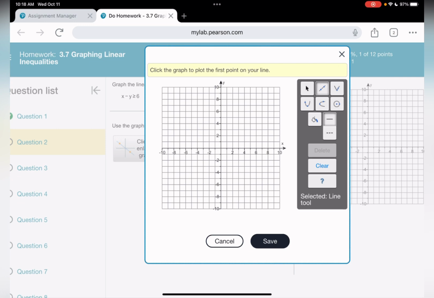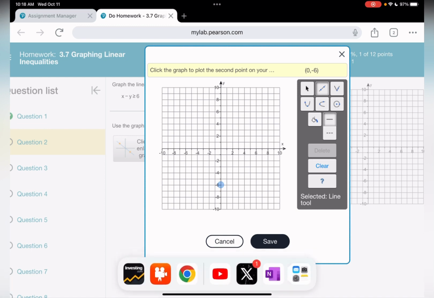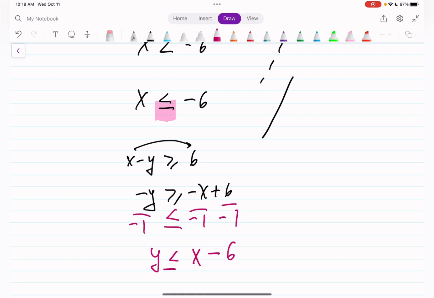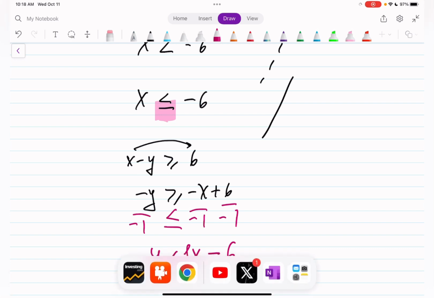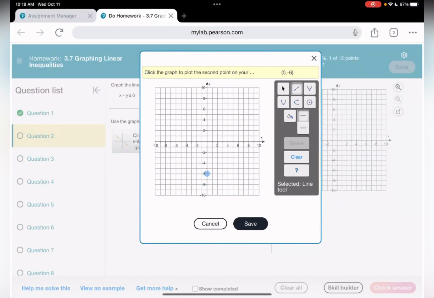Taking a solid line, it's going to be -6. And x minus 6, meaning we have here 1, so my slope is going to be 1 over 1. So I'm moving up by 1 and over by 1. And I got it.